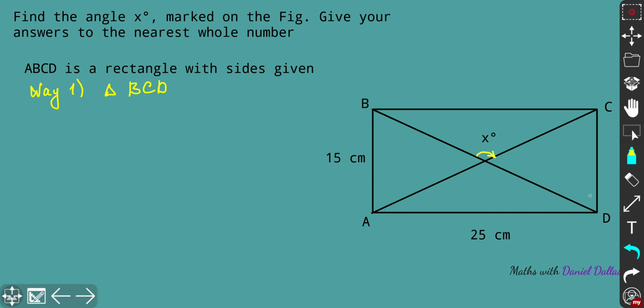And the idea is pretty straightforward. Let's find this angle, let's say this is y. This angle is going to be also y. Why? Because BD and AC are diagonals, and due to symmetry, they make the same angles.